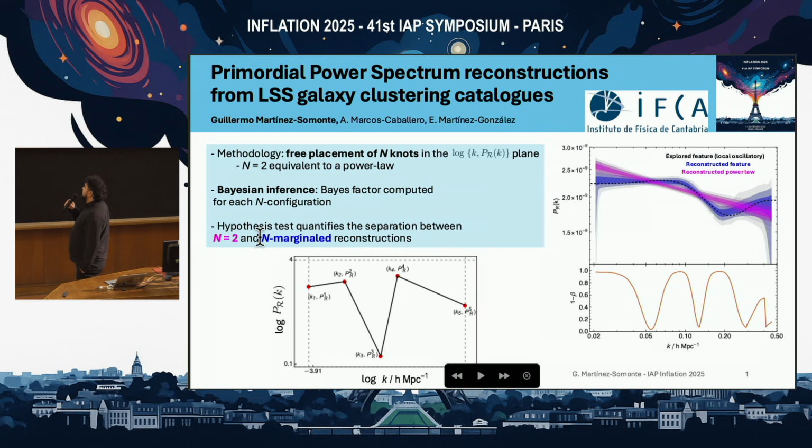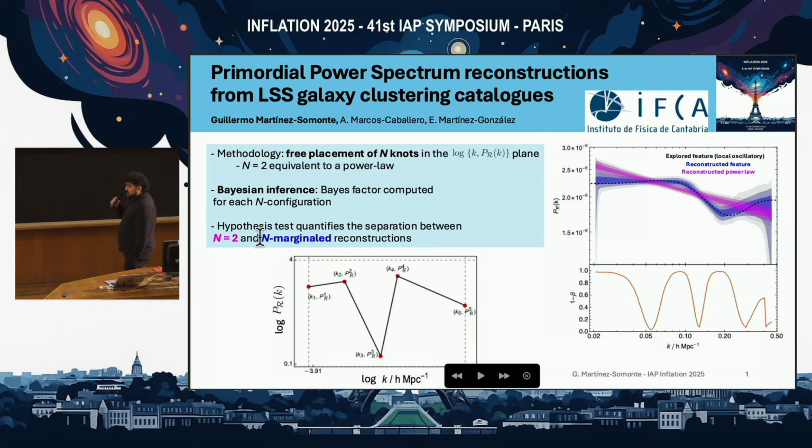You may note that if we sample just 2 nodes, this is totally equivalent to a power law. So in the left-hand plot, we reconstruct with just 2 nodes in the pink reconstruction, and also for 3, 4, 5 nodes up to 7, and we combine all the nodes through a Bayesian combination of the evidences of each configuration in order to generate a spectrum marginalized over the number of nodes, which I plot in blue.